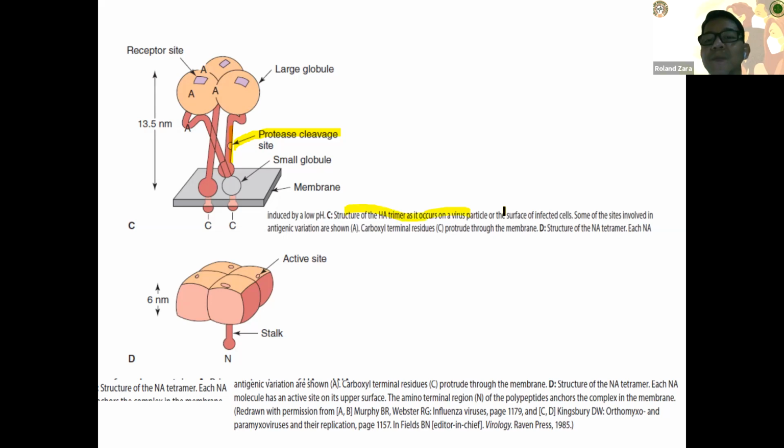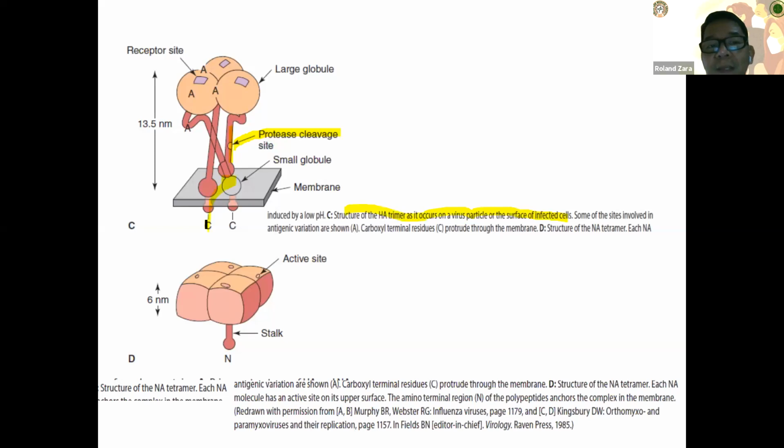The virus buds from the surface of the infected cell. This is the plasma membrane. It binds to the sialic acid, and it may extend into the cytoplasm.